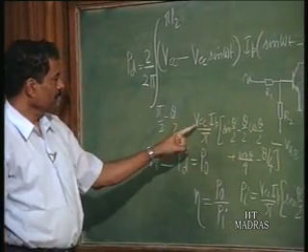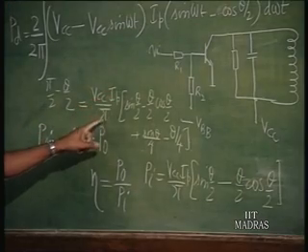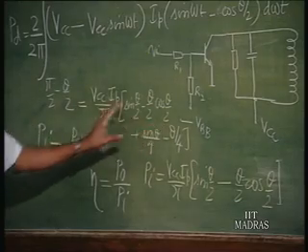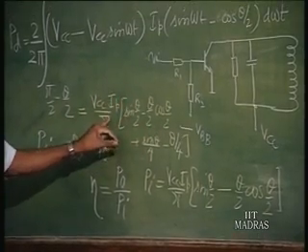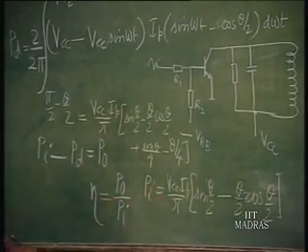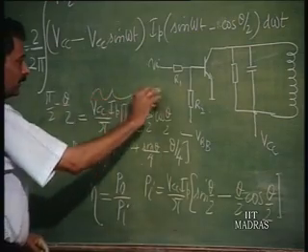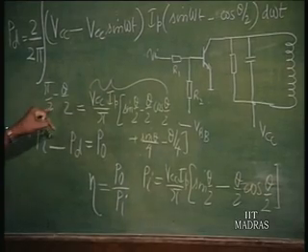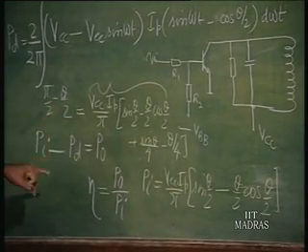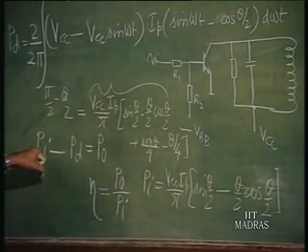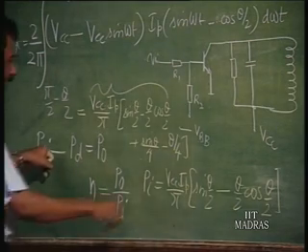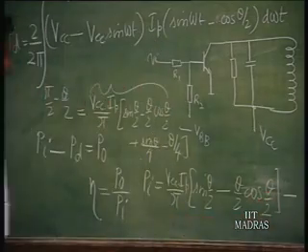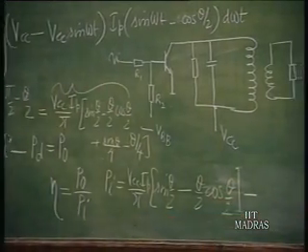You can see this power dissipated at VCC Ip by pi sin theta by 2 minus theta by 2 cos theta by 2, which is nothing but the power inputted. So, this portion is nothing but the power inputted, and power dissipated is going to be subtracted from power inputted.